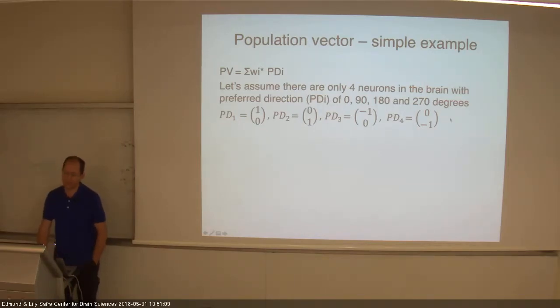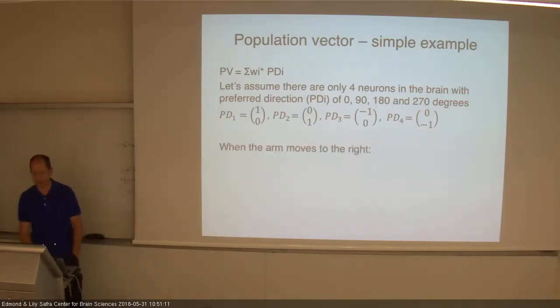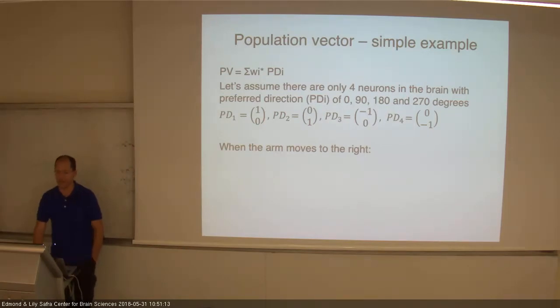Let's say the arm is now moving to the right. In my convention, 0 degrees is to the right, 90 is up, 180 left, and 270 down.